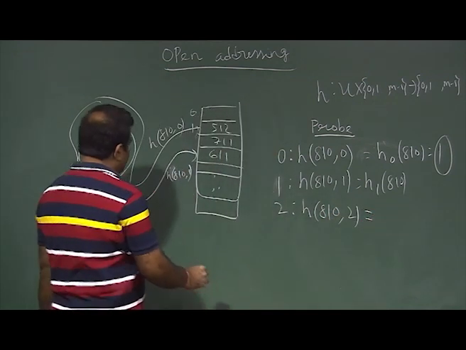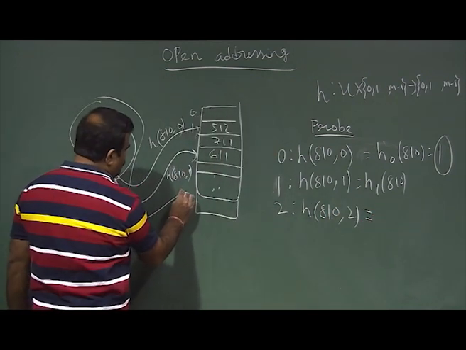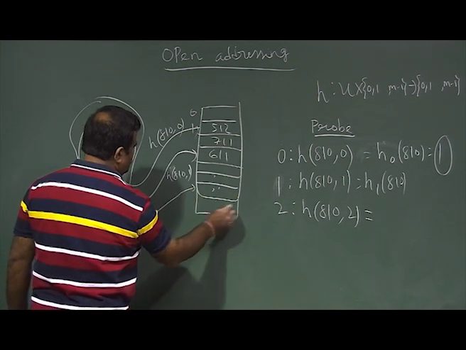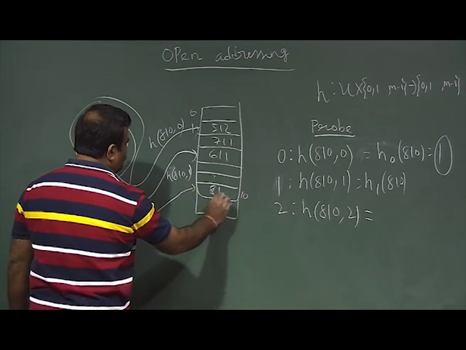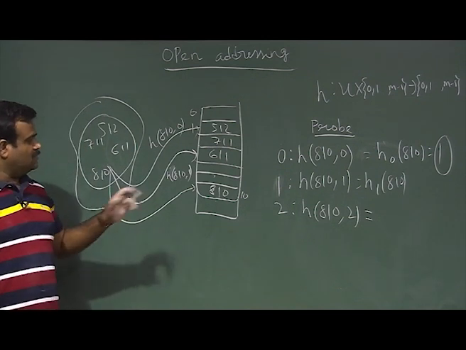And suppose it is hitting some slot which is available. This is the slot. Then we put 810 over here. Okay. So, this is the idea.